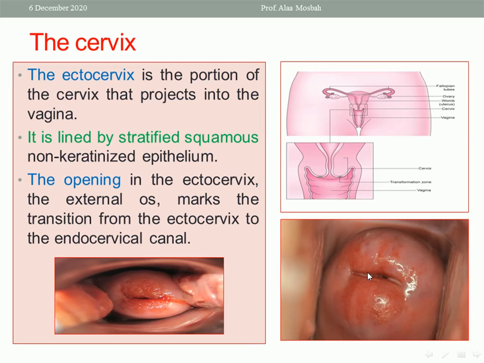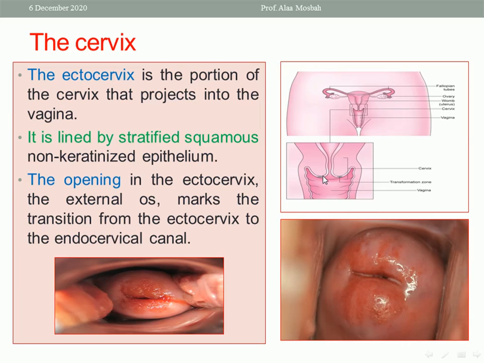Inside, the endocervical canal is lined by columnar epithelium. So the portio is lined by stratified epithelium, while the endocervix is lined by columnar. So I have a squamocolumnar junction in this part, a primary and a secondary squamocolumnar junction.